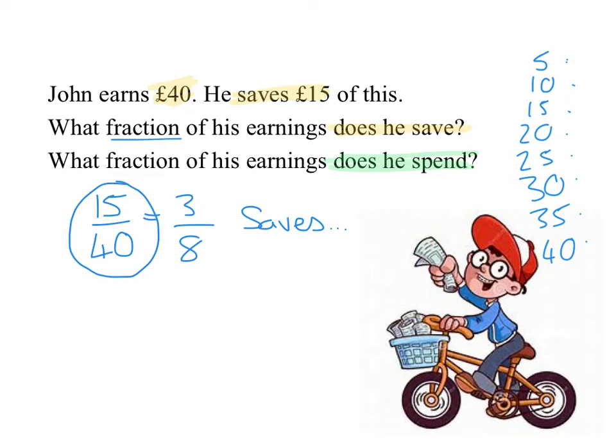And if we're saying he saves 3/8, we must have 1 whole and take away 3/8 gives us what he's spent. Now, last lesson we talked about 1 whole being 8/8. So 8/8 take away 3/8, 5/8 he spends.